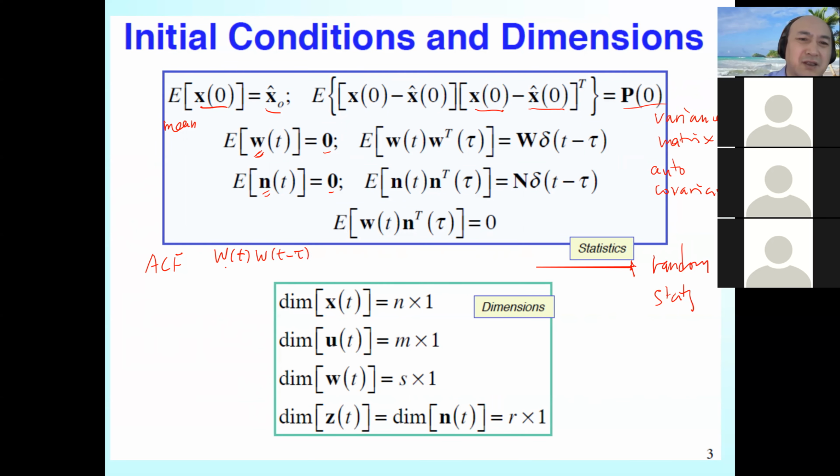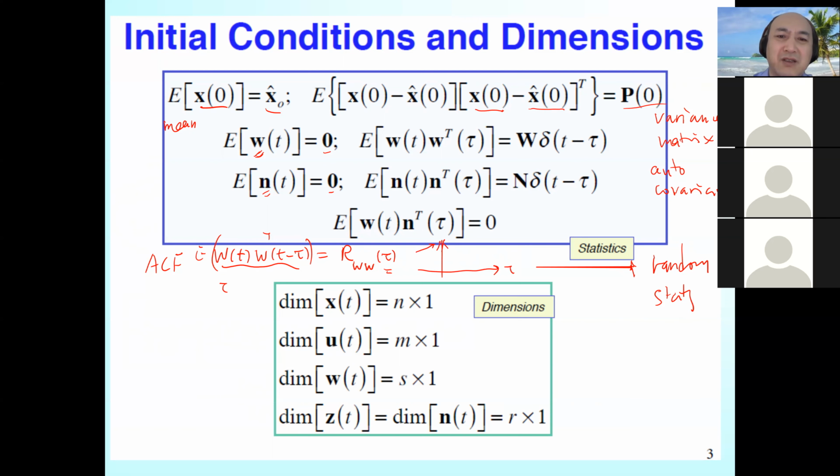Then you take an expectation of that and you get R_WW(tau). R_WW(tau) is a function of tau.